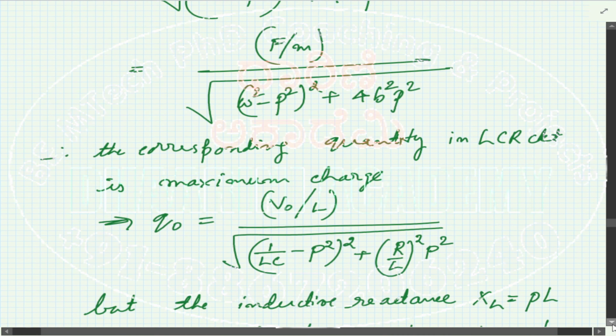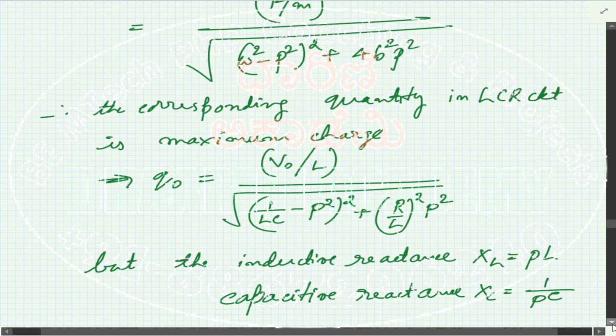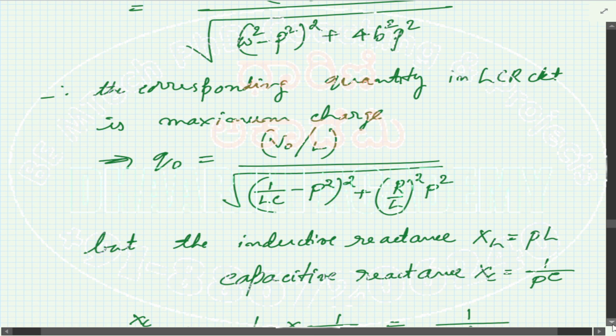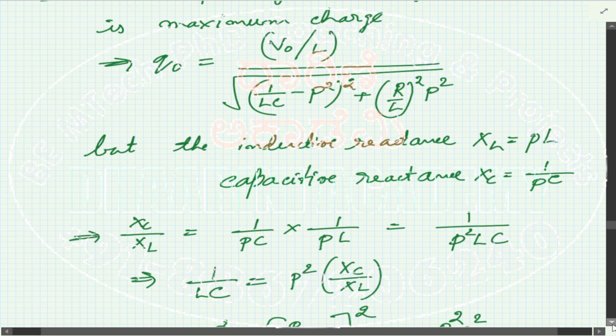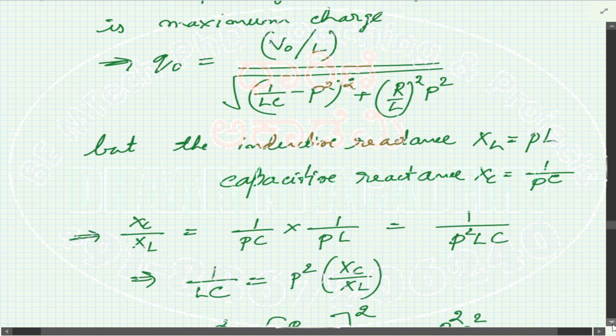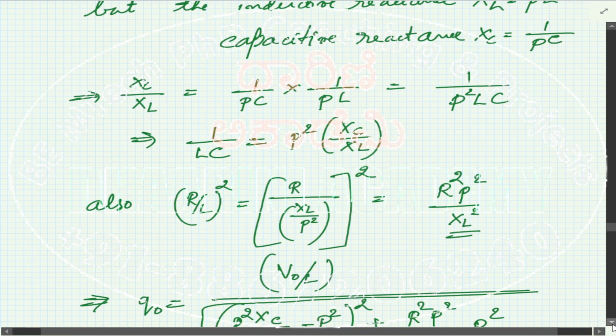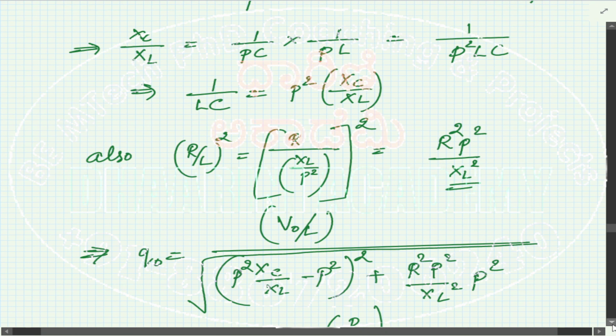Converting this into the required electrical format, you can see that it is v naught by L root of 1 by LC minus p square whole square plus r by L whole square into p square. Inductive reactance is XL equals P into L, and XC is 1 by PC. So XC by XL can be obtained as 1 by P square into LC.